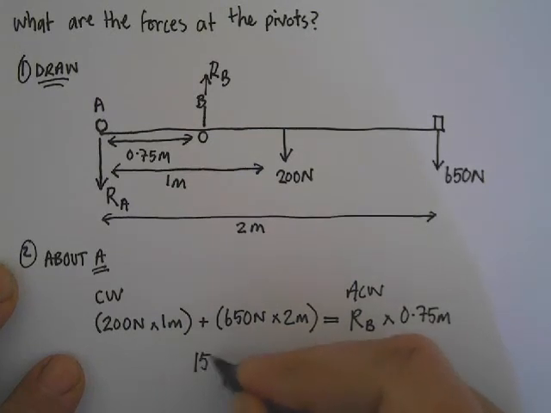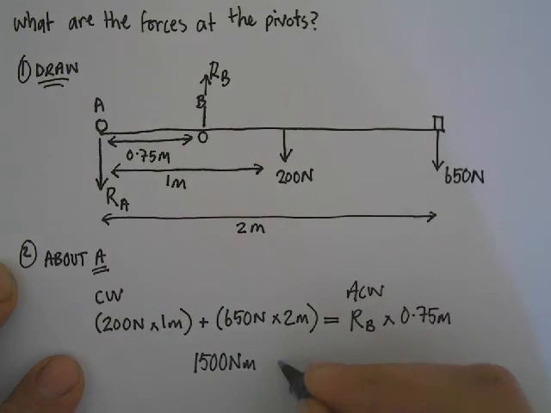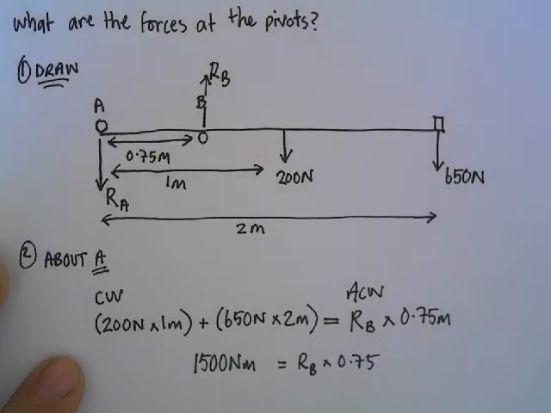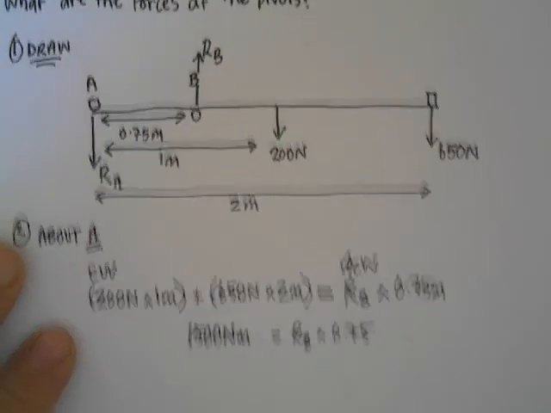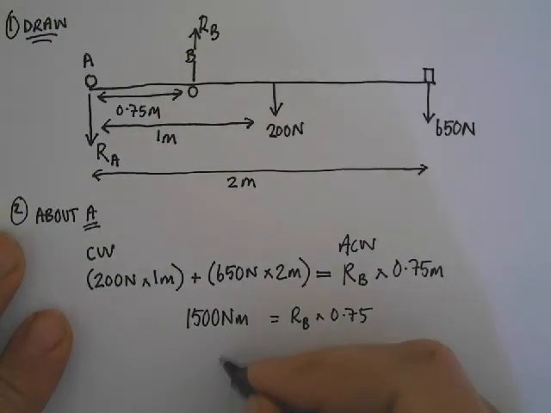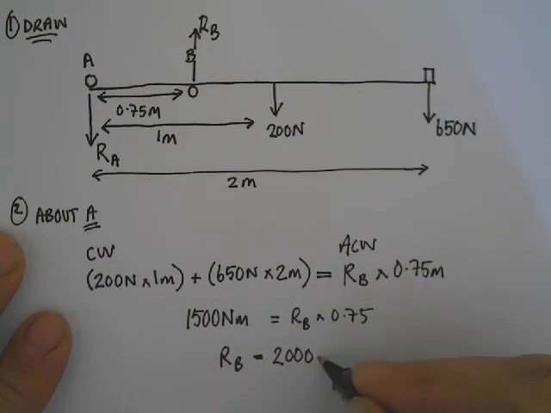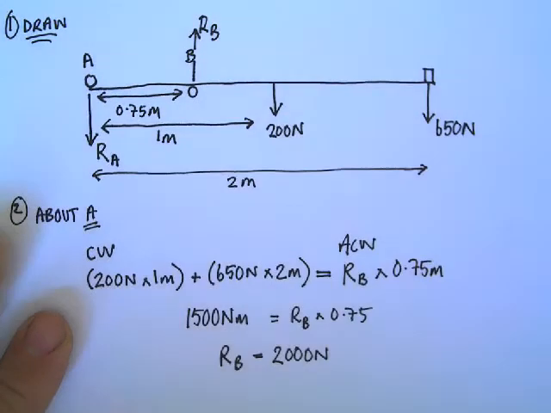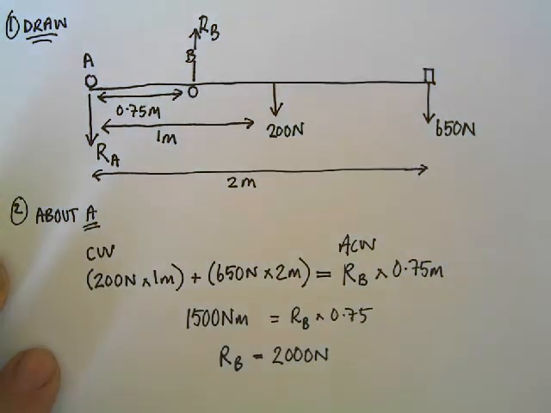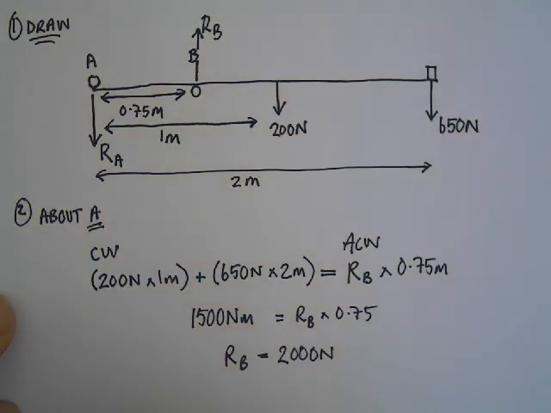And then you solve that, and I think it comes out at 1,500 Newton meters is going to equal RB times 0.75, and then clearly RB equals 2,000 newtons. So we've solved for RB.